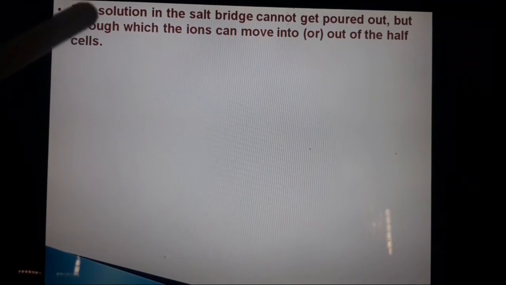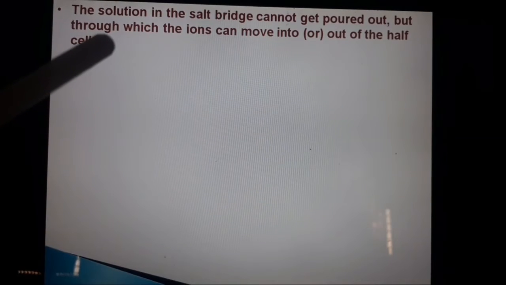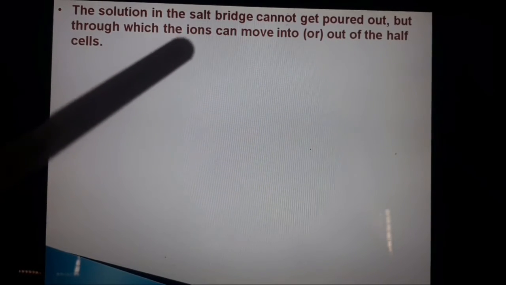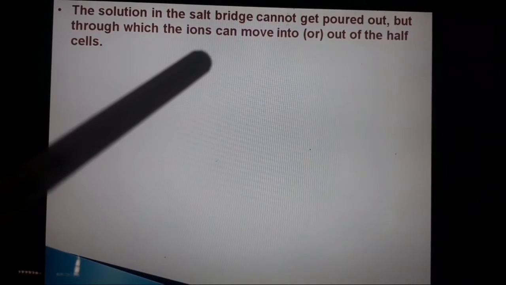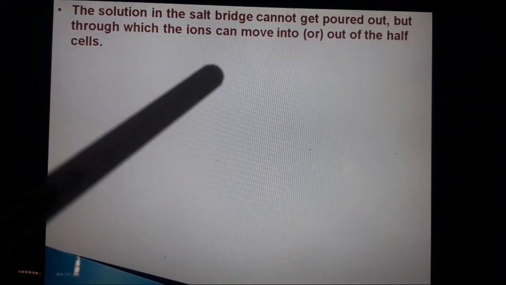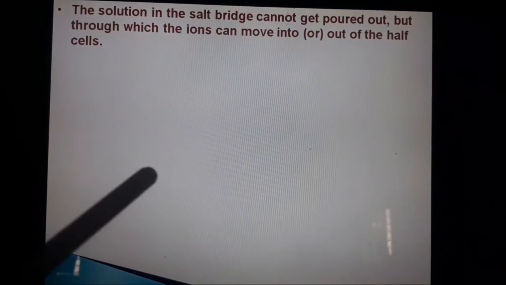Next, the solution of the salt bridge cannot pour out, but the ions can move into or out of the half cells, because the salt bridge has agar-agar gel and a common electrolyte like potassium chloride or sodium sulfate.